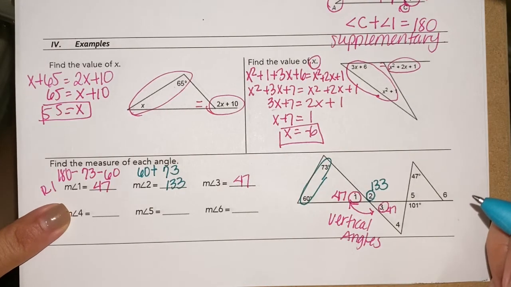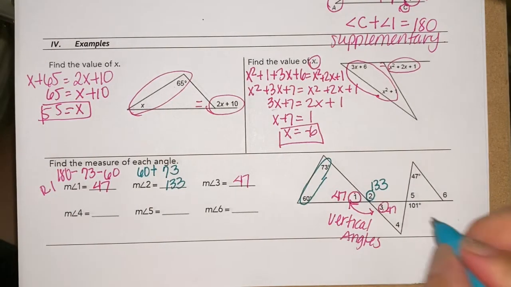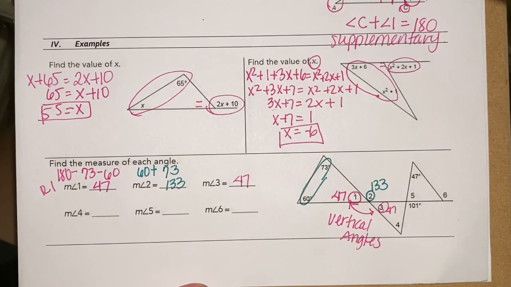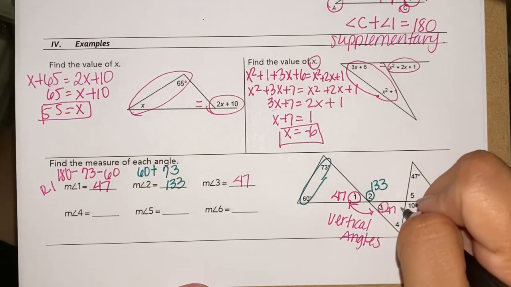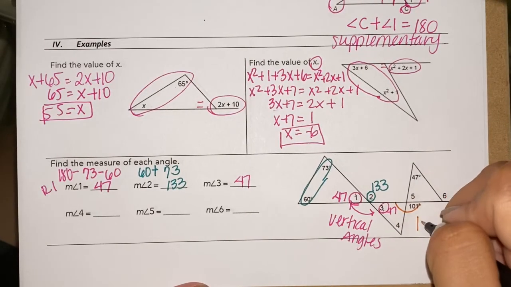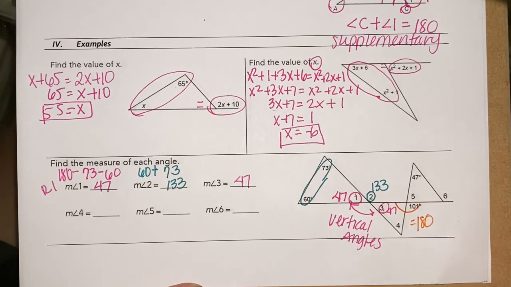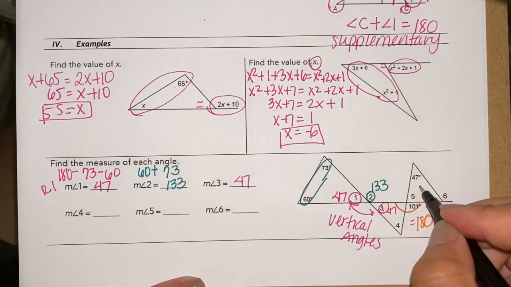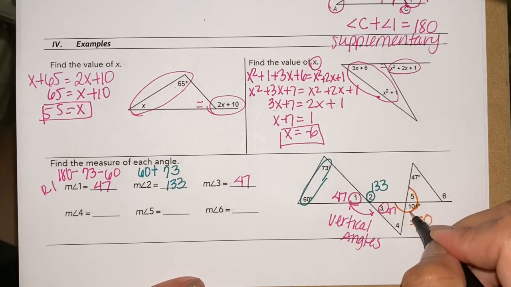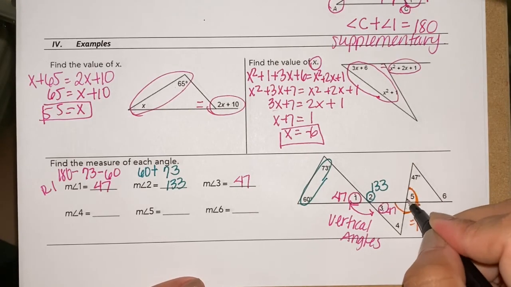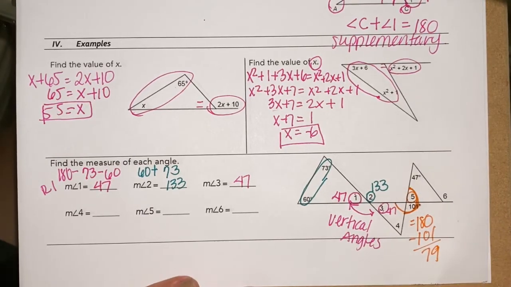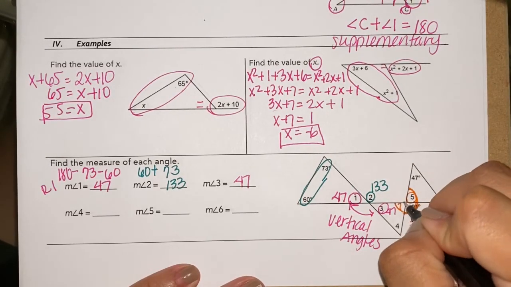Next, I have the measure of angle 4. Well, we need to know what this angle is right here. Let's use a different color. I know that these two equal 180. So this is not an indicated angle. I also know that 101 and this angle equal 180. So 180 minus 101 equals 79. So that's 79 here.